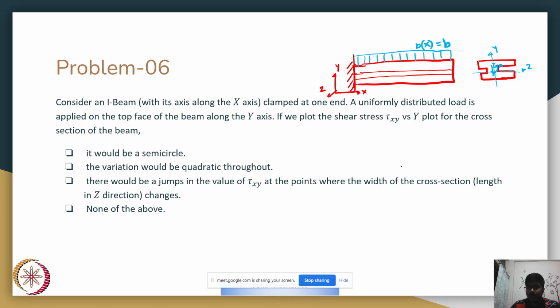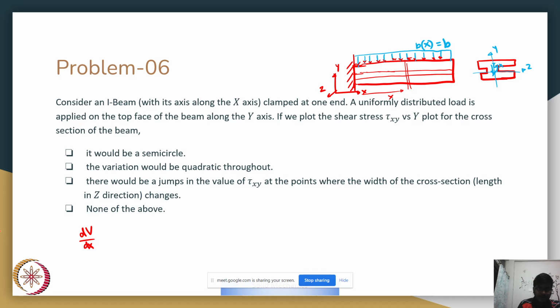We have a few relations. First of all, rate of change of shear along the beam. I'm showing that these are all pointed downwards, and I'm looking at a particular cross section at a distance x.